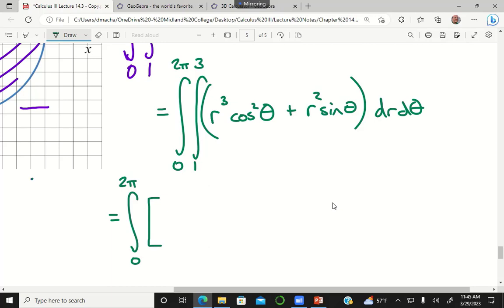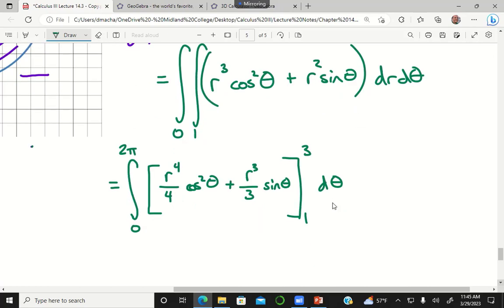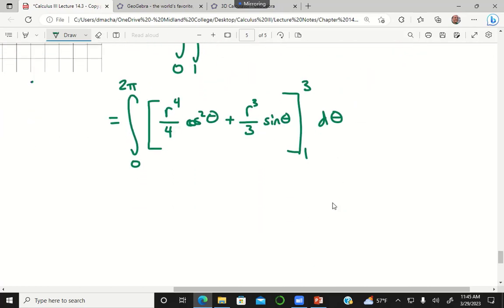And so this would become r to the 4th over 4 cosine squared theta plus r to the 3rd over 3 sine theta. And I'm letting r be either 3 or 1, so I'll have to plug those in.